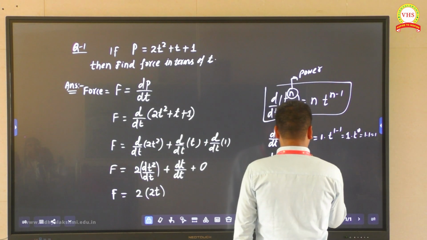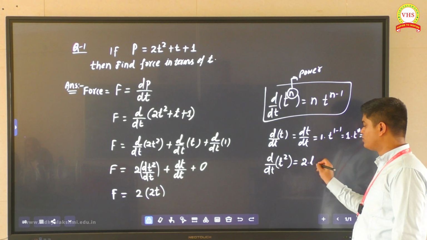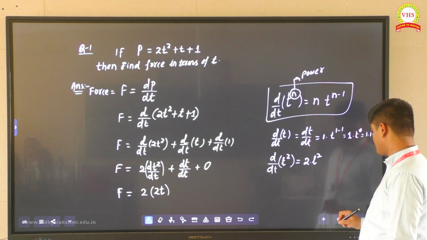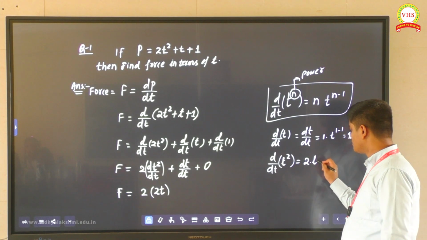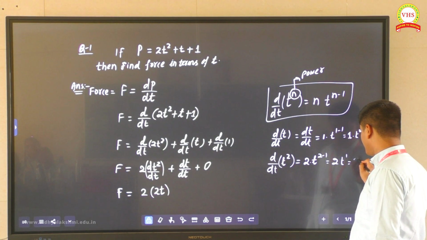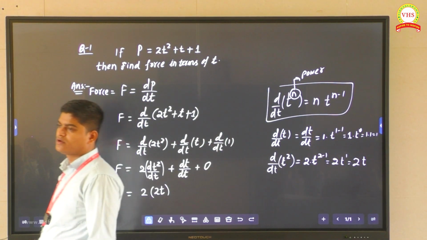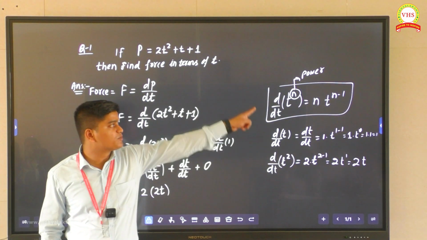Now I'll write here 2. This n value is 2 here. 2 into t to the power 2 minus 1. T to the power how much? 2 minus 1. So 2 into t to the power 1. How much coming? 2t. So t square derivative is 2t. How it is coming? From this formula.